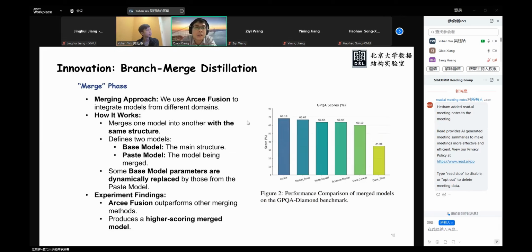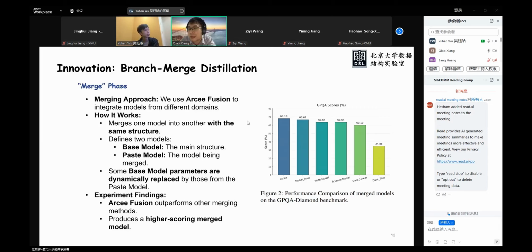So what made you make this design decision? For example, have you tried other merging methods, or is it based on your experience, or did you try a bunch of different ones and Arcee fusion just happened to give you the best result?